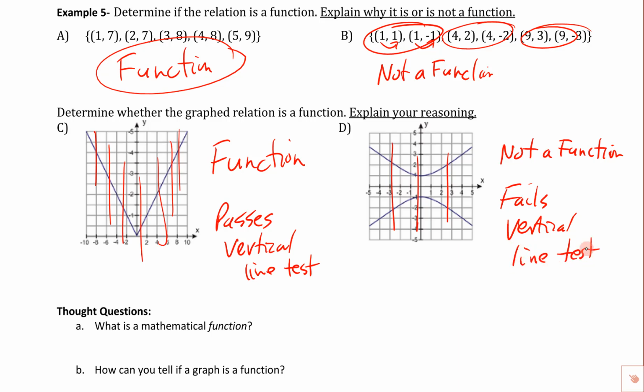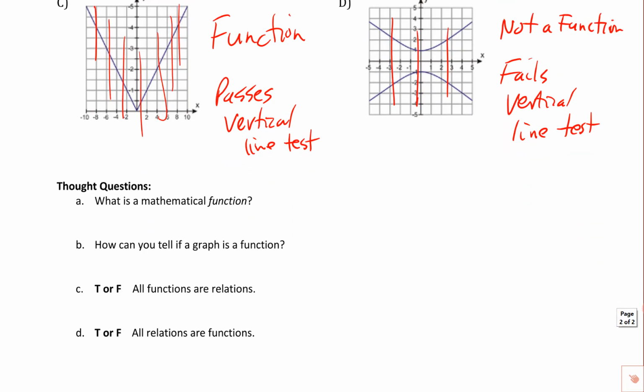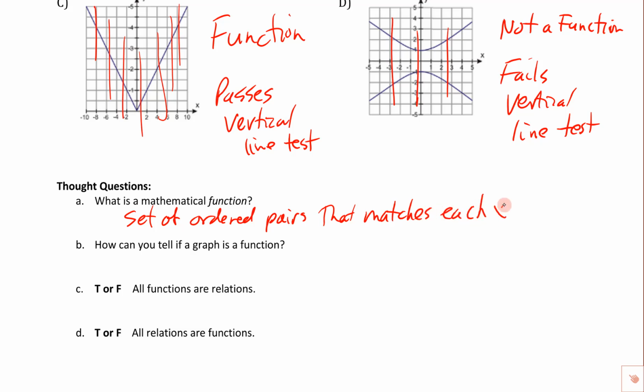Okay? All right, so a couple of thought questions. What is a mathematical function? You kind of need to be able to rattle off this idea. So it is a set of ordered pairs, and it matches, and we're going to use x's and y's a lot, so matches each x to only one y.